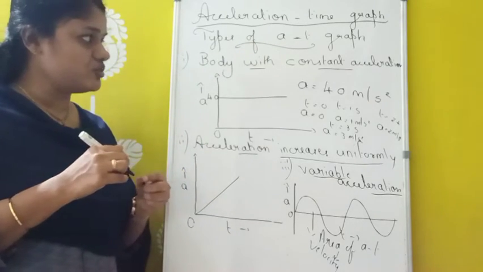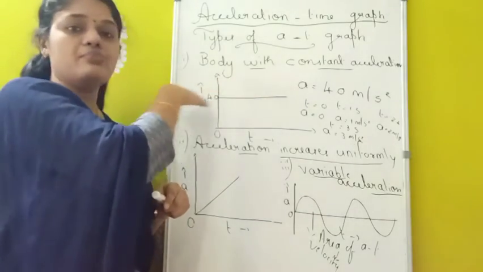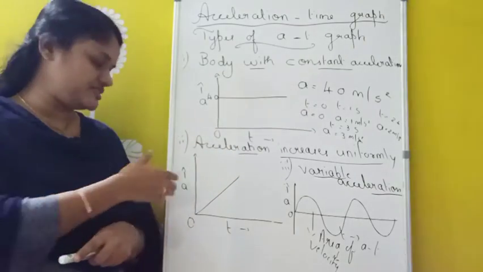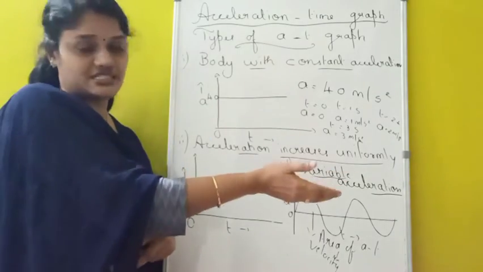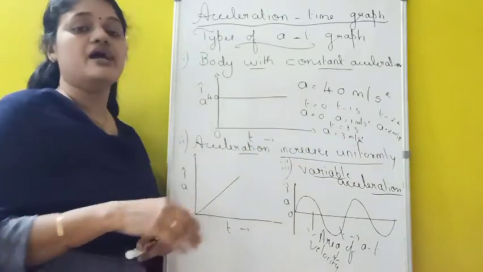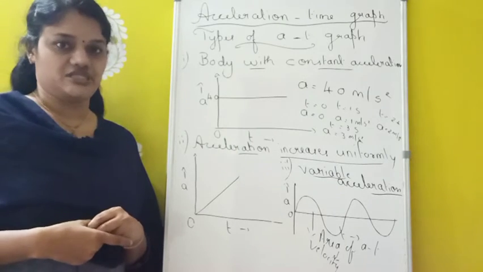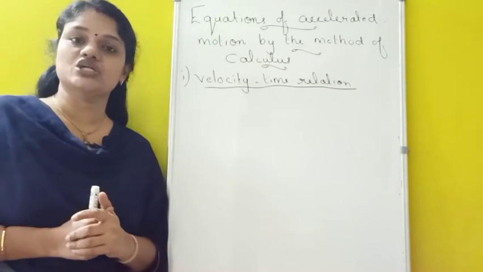First one, body moving with a constant acceleration: the graph is a straight line parallel to time axis. Second one, uniform acceleration: the graph is a straight line inclined to time axis. Then variable acceleration means it may be a curve. And the area under this acceleration time graph gives velocity.